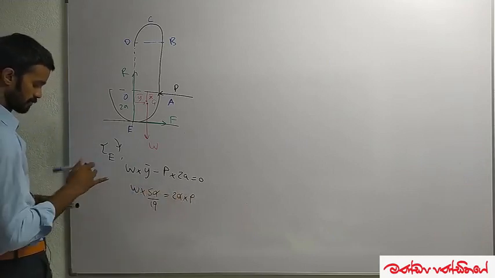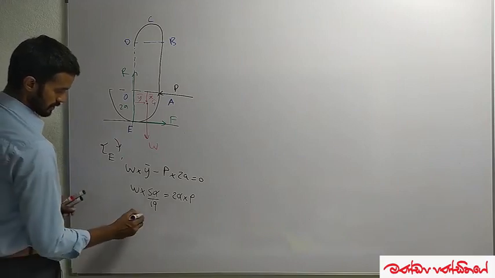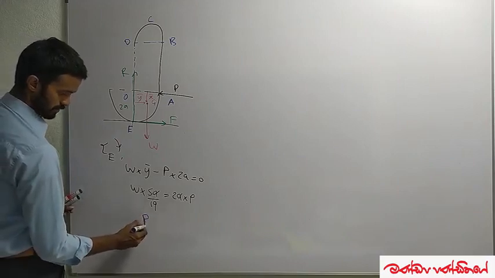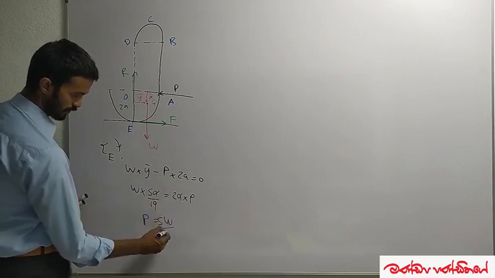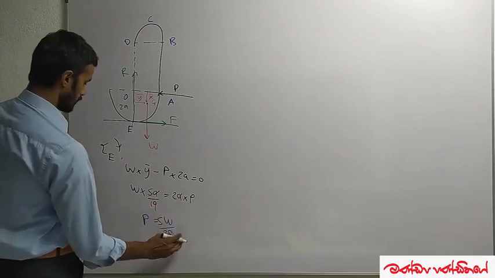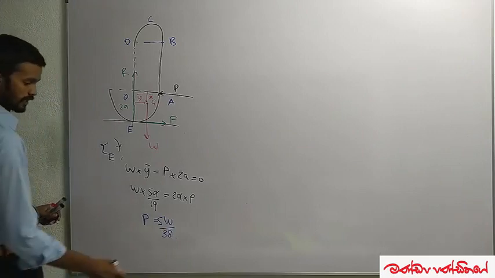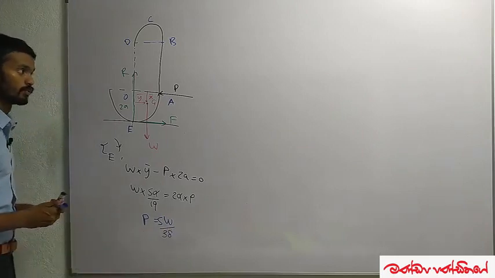Which means we get P as 5W over 38. Now I have an objective: my intention is to find F and R in terms of W and get the F over R ratio.